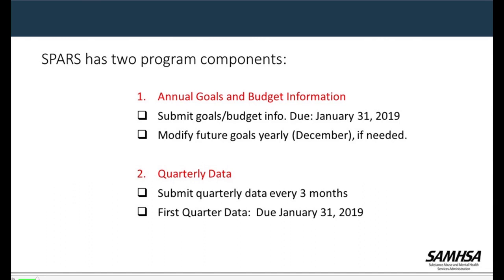Many of you have been working on hiring or getting ready on the ground to start this program, and you may not have lots of data, you may not have any data, and that's perfectly fine, but you still are required to go into SPARS and enter in no new result, and I'll talk about that shortly. So even though you may not have anything to report, you're still required to go into SPARS.